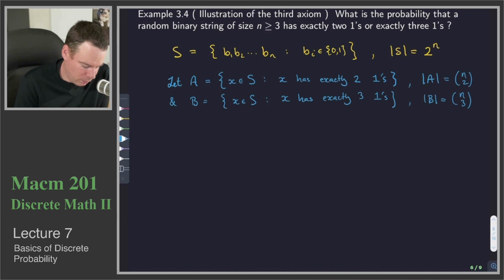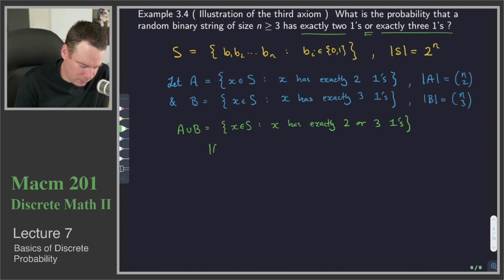We want the event where it has exactly 2 ones or exactly 3 ones, so we're interested in the event A union B, the set of all x in S such that x has exactly 2 or 3 ones.